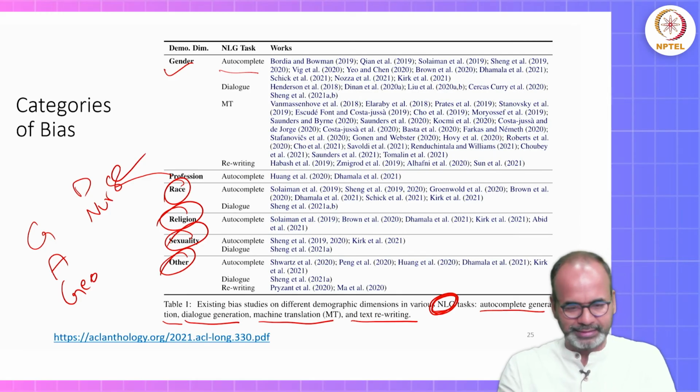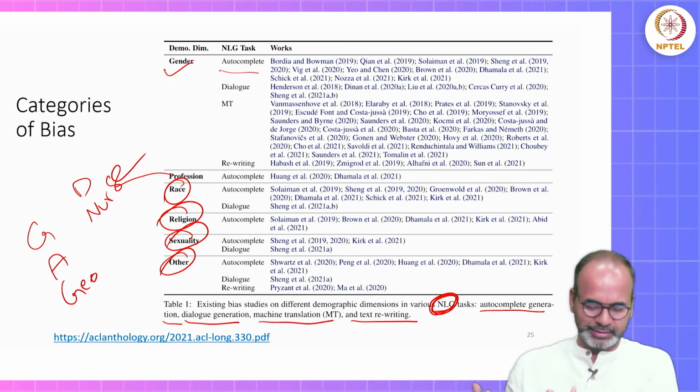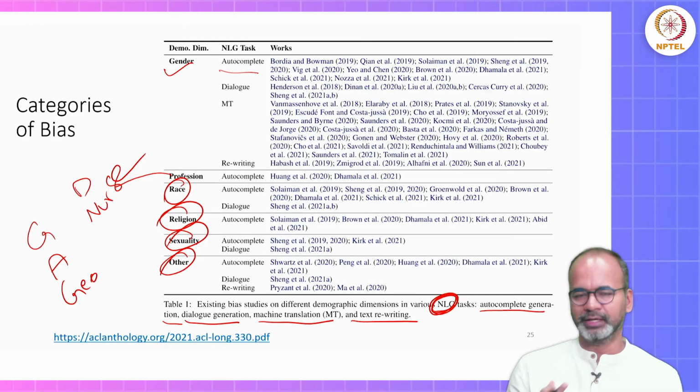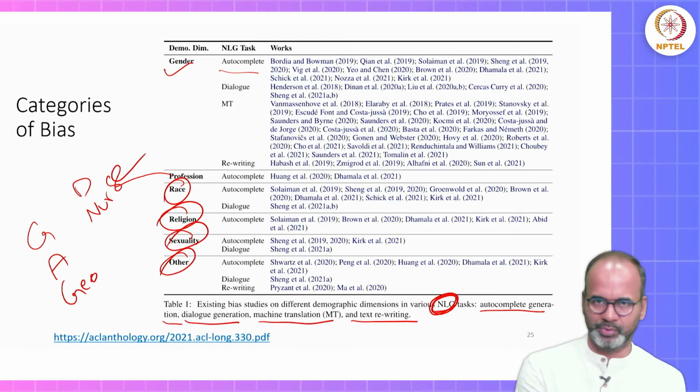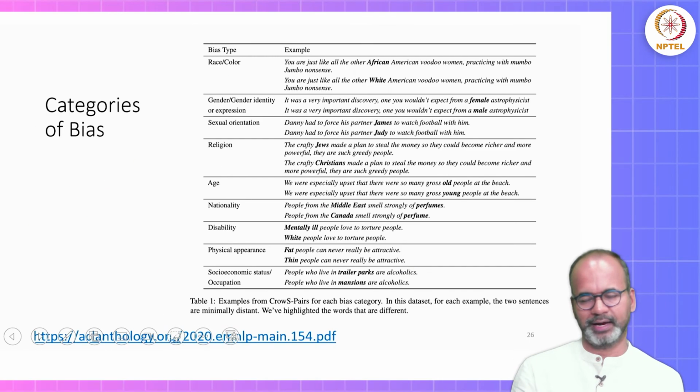When you're typing a text, it does autocompletion. That's the first. Dialogue generation, say how dialogues are generated in a conversation. Machine translation we also saw. Text rewriting, given a paragraph, do a paraphrasing. Using these downstream tasks, they studied what the biases are and they came up with these categories of bias.